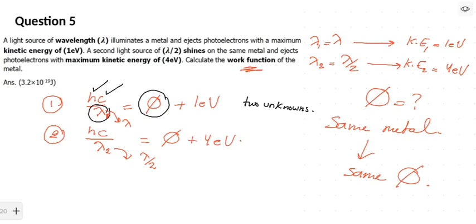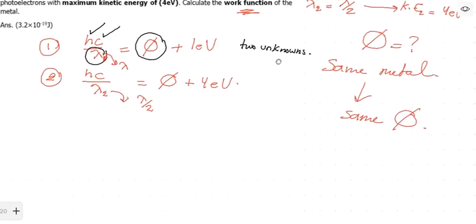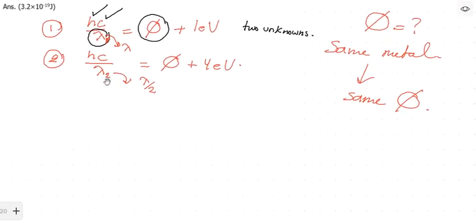So let me think a little bit more. Let me simplify these two formulas to make them easier to imagine. I have two equations: hc over lambda equals the work function plus 1 electron volt.